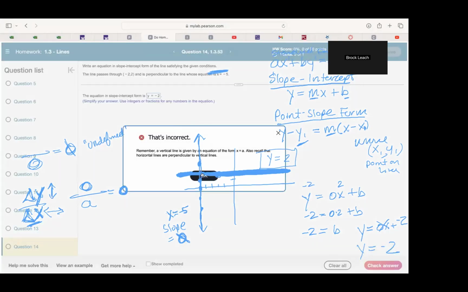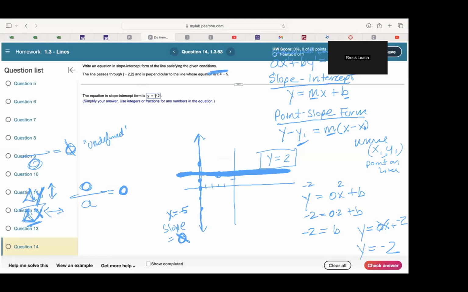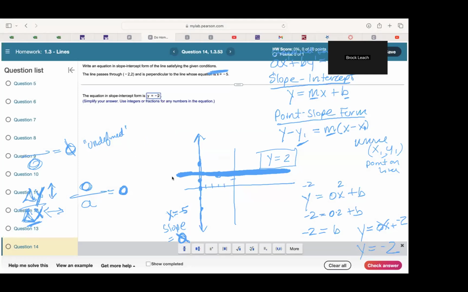Is it 2 or negative? What did I put? I put -2, right? I might have to use the negative button. And then the line is 2. Oh, I'm sorry.